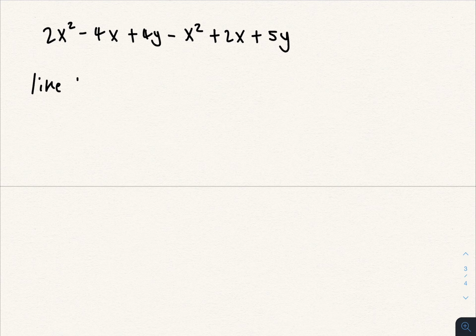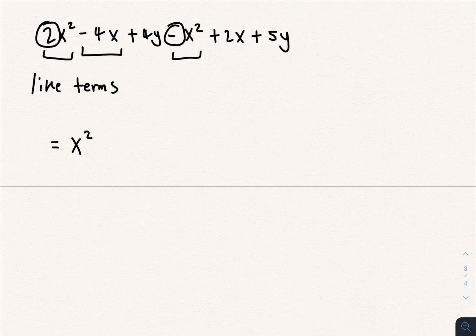Like terms refers to terms that have the same variable and power. So 2x squared and negative x squared are like terms. They're both composed of x as the variable and the same power, squared. If they are like terms, you're allowed to just look at the front number of these terms and add or subtract them. So 2 minus 1 is equal to 1. So those two added together would result in x squared.